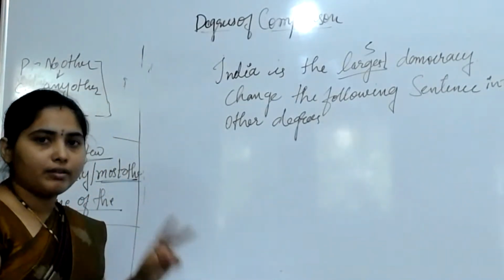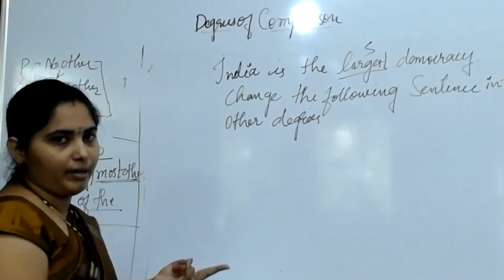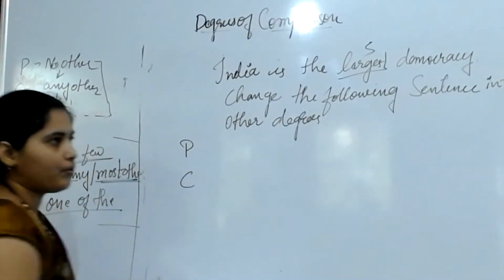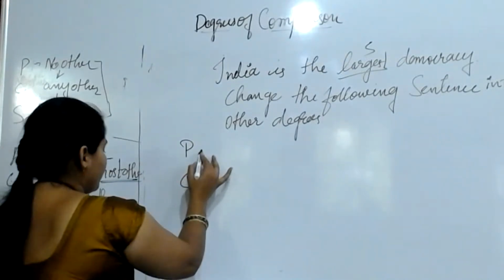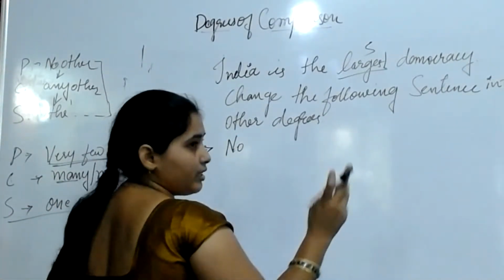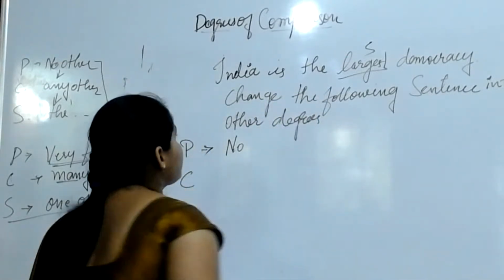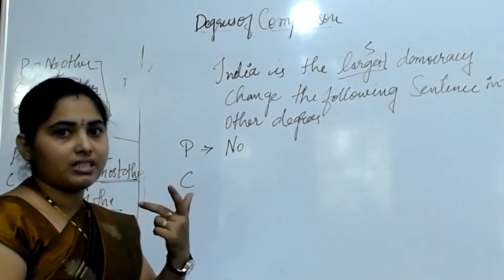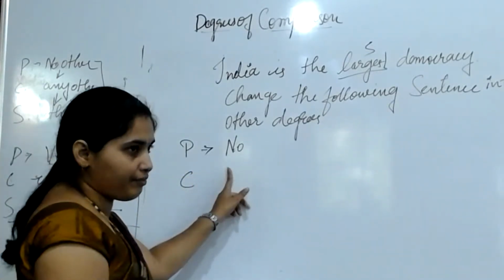Except superlative, there are two degrees remaining: the positive and the comparative. What is the positive degree here? It is "no other", because there is no "one of the". If it were "India is one of the largest democracies", you would start with "very few".